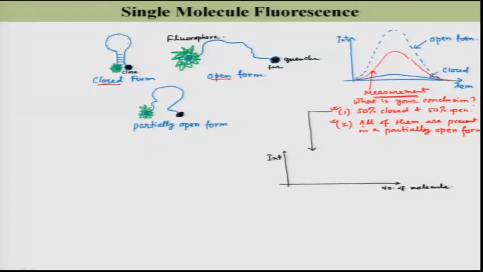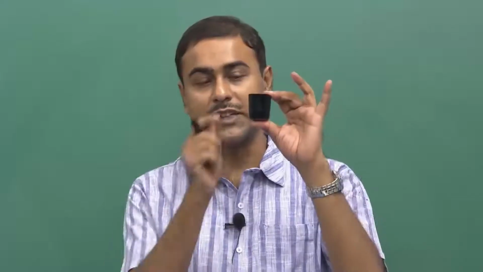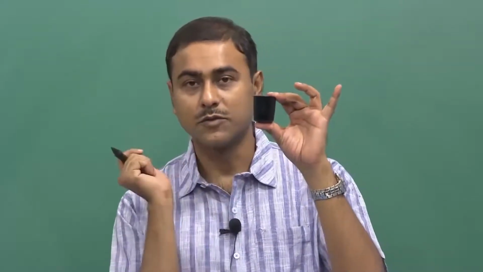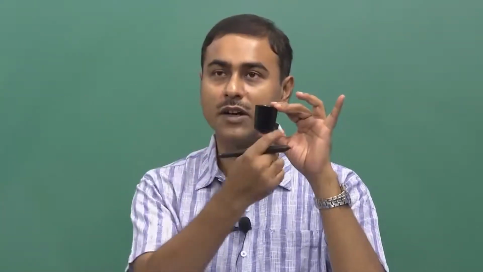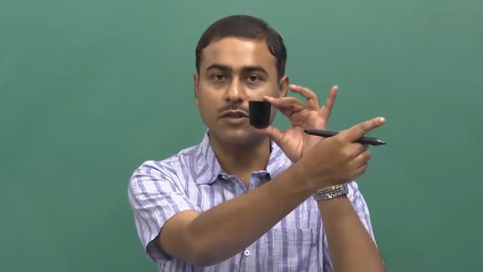Or I can change this axis to something else. Let us say this is your sample cell, and you are measuring from here, and you let the molecules come one by one here and let them go out of this.